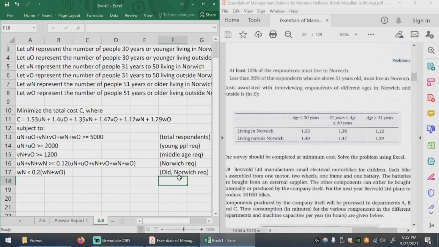Last, I'm at the end there because then they started talking about cost. I just have my inequality, my non-negativity, where painful as it is, type them all in. UO, VN, VO, WN, WO at least 0. What is the name of that inequality? Non-negativity. Done.